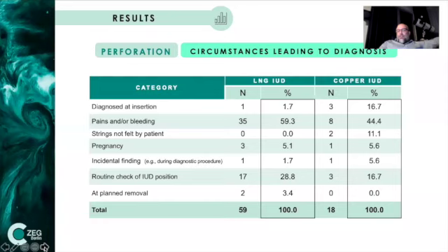So basically the woman had very limited complaints, so it didn't drive her to go to the doctor. So these were chance findings. We had also 2 cases that were only diagnosed at the planned removal. So the strings couldn't be found and the woman just didn't find the IUD when the removal was planned. Next slide, please.